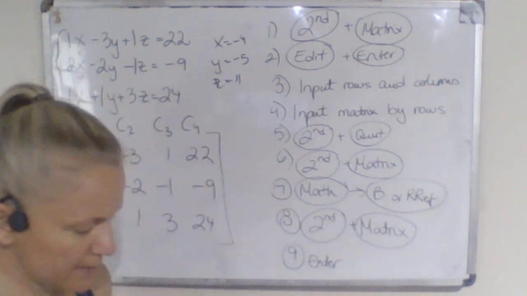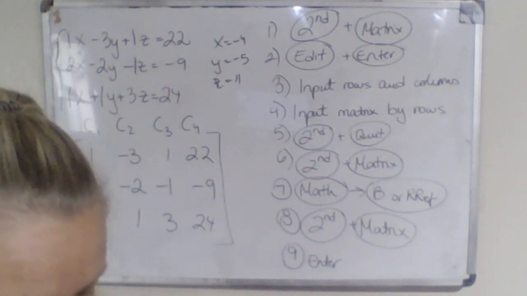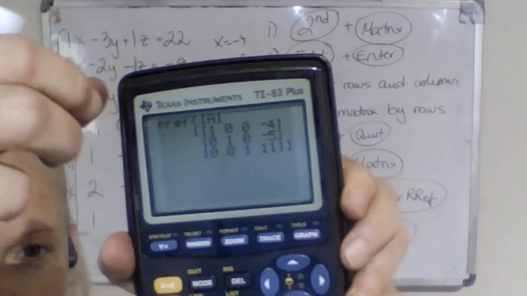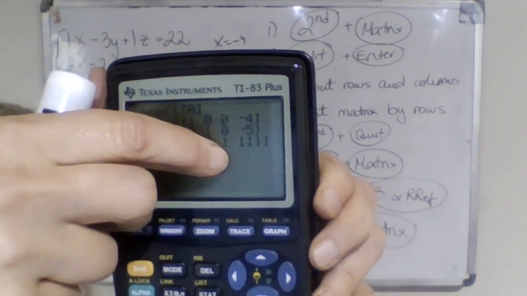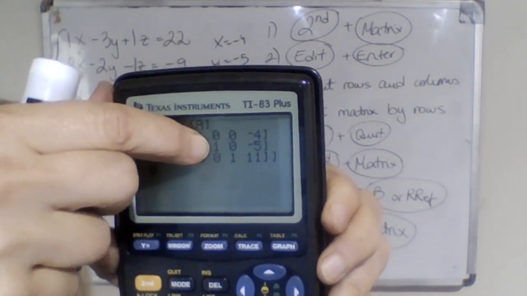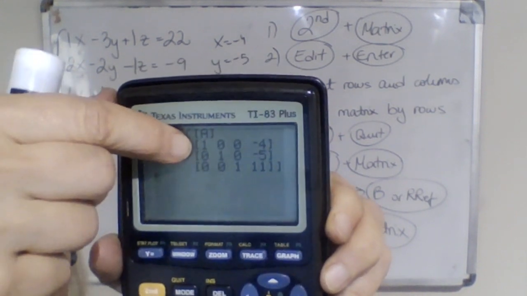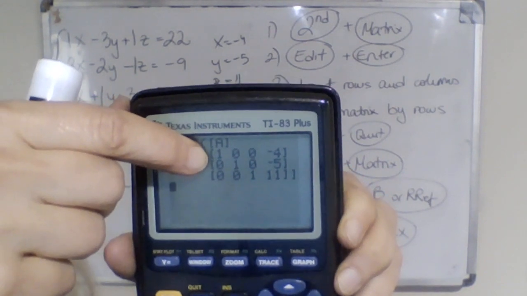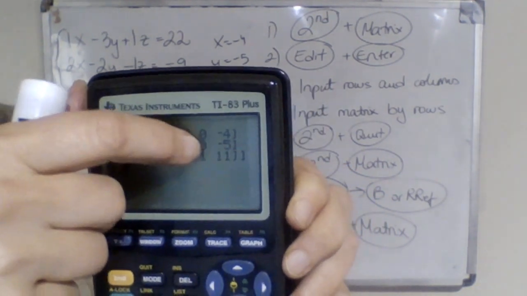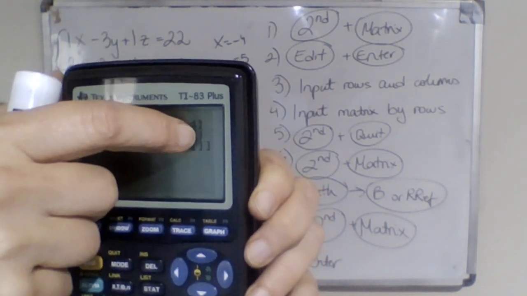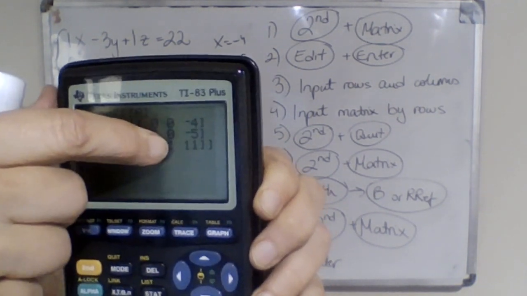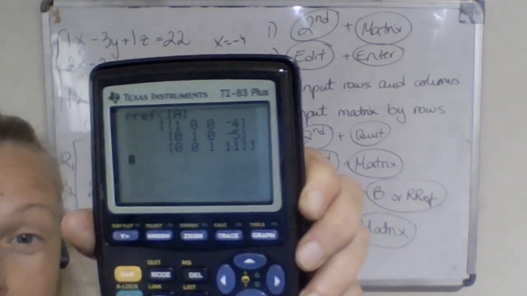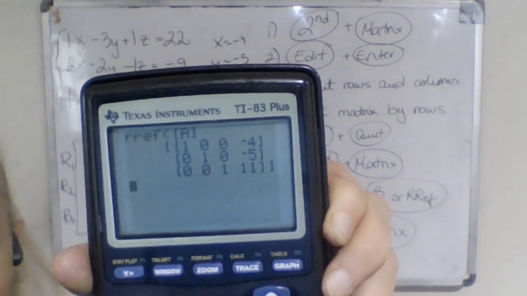Now, let's remember this. In order to get solutions, and this is very important for your test, your first 3 should have a diagonal that says 1, and then 1 in the middle, and then 1 on the bottom. This is called the identity matrix. We're about to learn about that, right? Here's what happens. If you get these 2, and then your third column is actually in the place of the fourth, so your 1 on the bottom is on the 4th row, that means you have no solutions to that equation, okay?